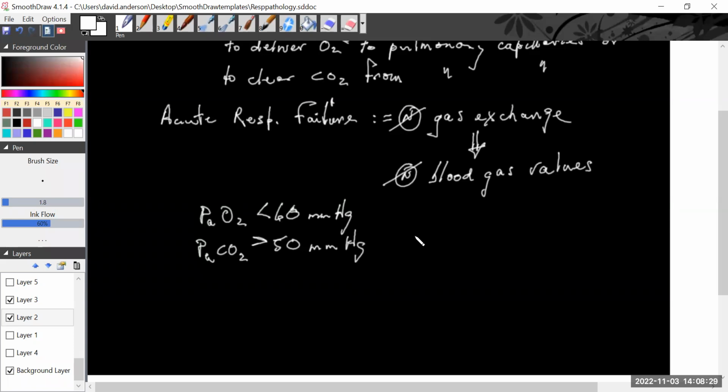And that combination typically is going to play a role on our pH, our blood pH. And if our blood pH drops much below 7.3, this is all part and parcel of our blood gas abnormalities.